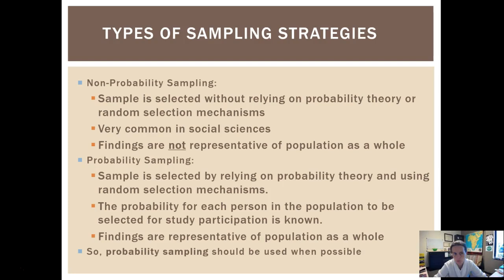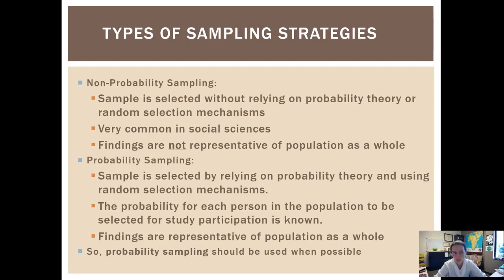They use non-probability sampling. Now the upside is it's more resource efficient, so it's less time intensive and less costly to do non-probability sampling. That's the good news. The bad news is that when we use non-probability sampling, our findings are not representative of the population as a whole.